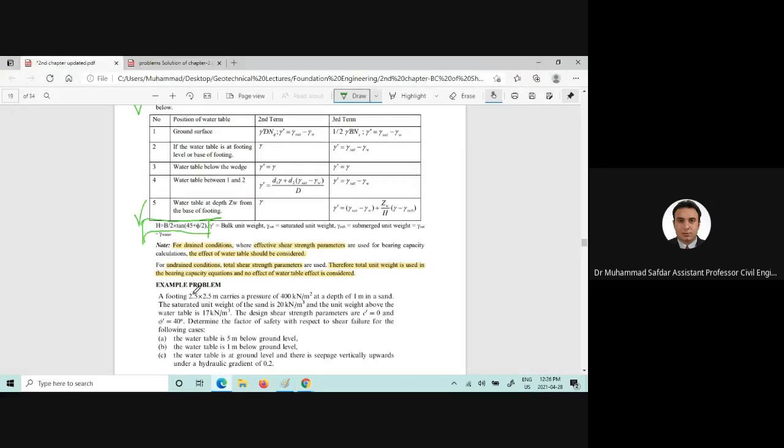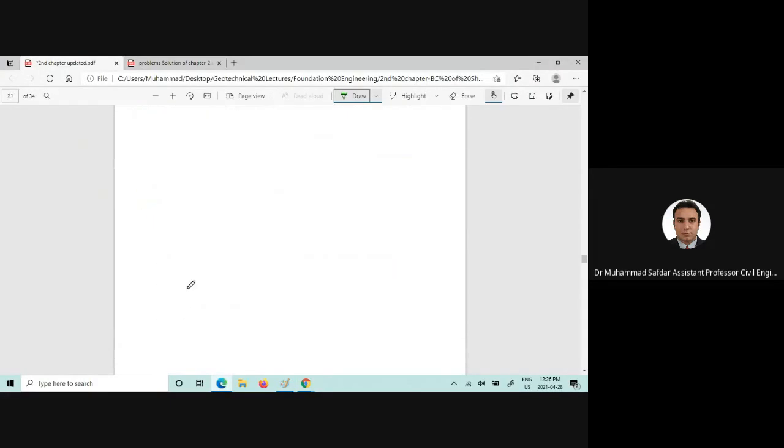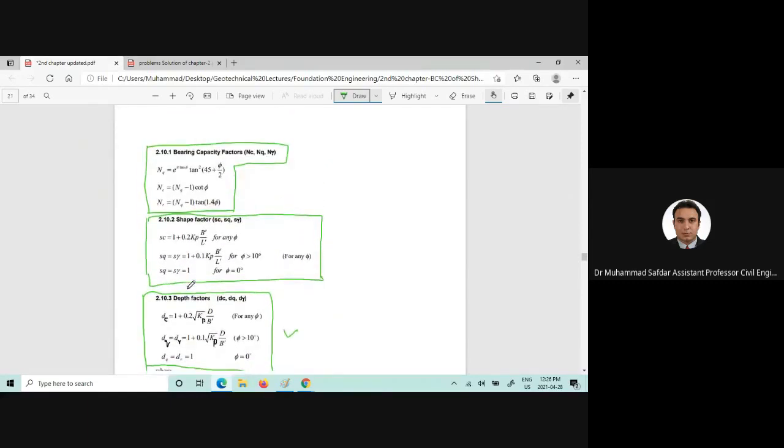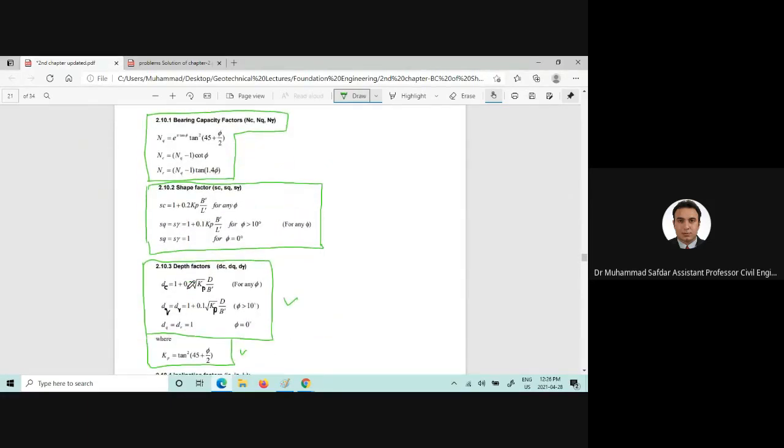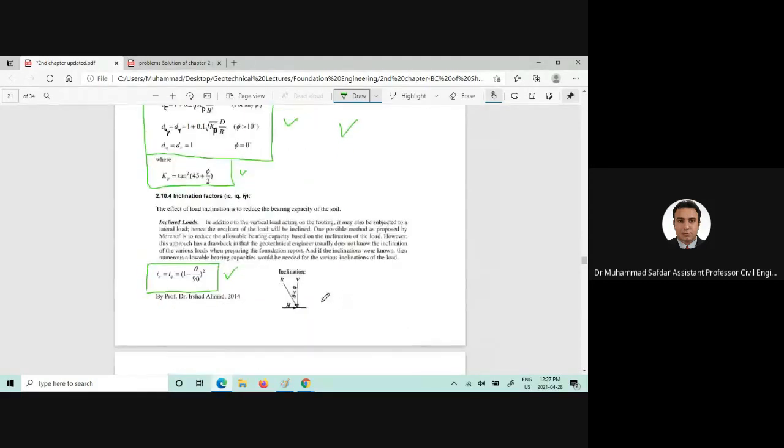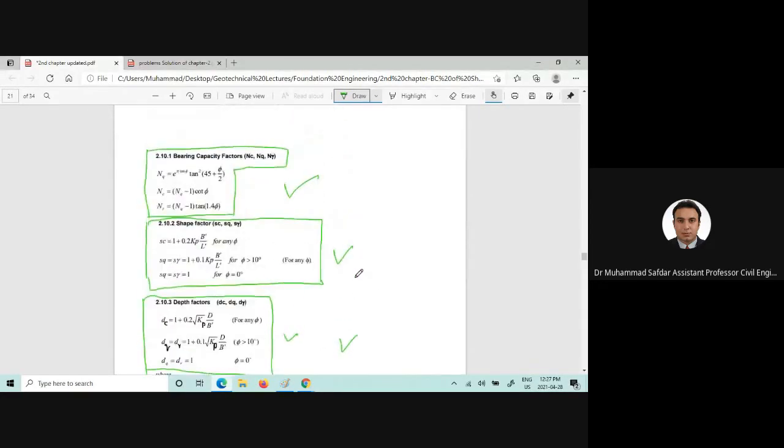And how we can find out, if anyone is still confused, you need to remember these bearing capacity factors equations, you need to remember the shape factors, the depth factors and the inclination factors. Okay, still if anyone is confused, these are the equations, and it is a very important slide from quiz, assignment and exam point of view.